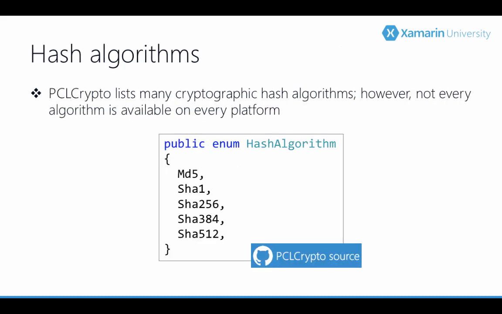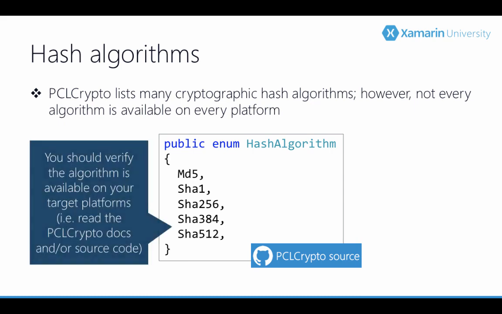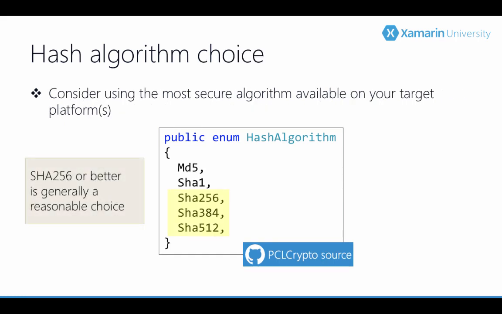Now, like our encryption algorithms, PCL Crypto gives access to a selection of cryptographic hash algorithms, and not all of them are available on every platform. You should consult the PCL Crypto documentation and source code to verify a specific algorithm. The SHA-2 algorithms are available on every platform.